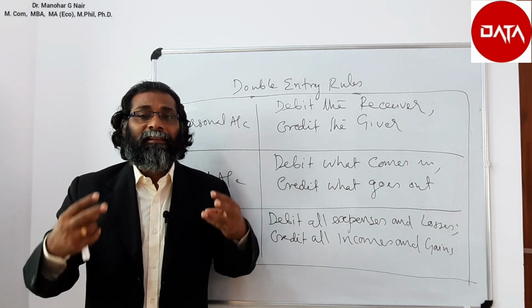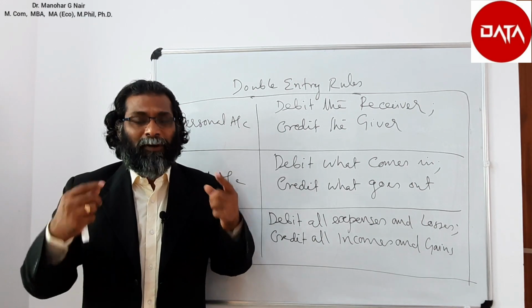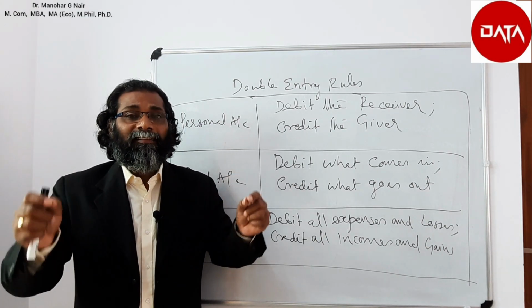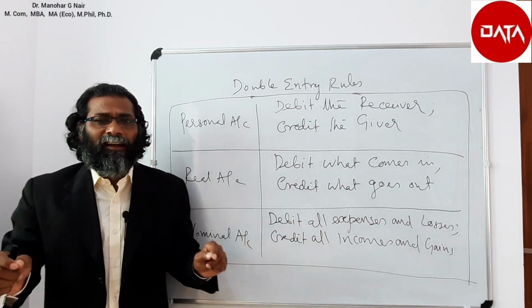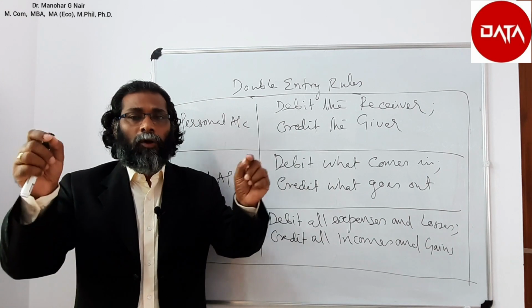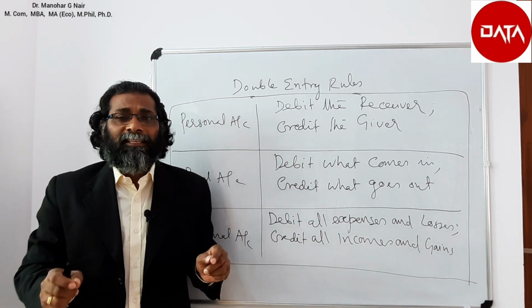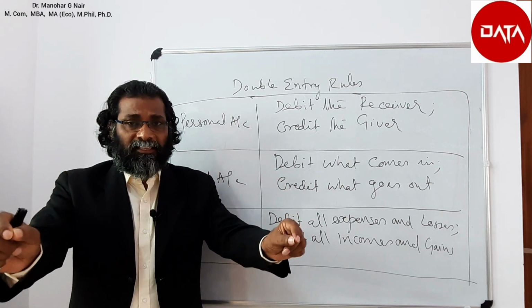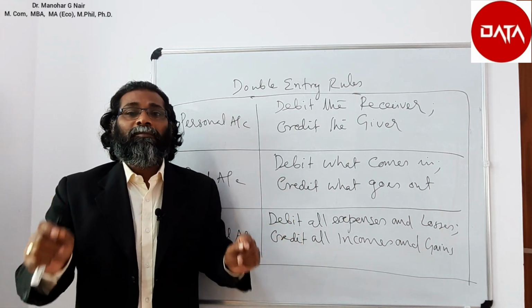Let me repeat that once again. For personal account, debit the receiver and credit the giver. For real account, debit what comes in and credit what goes out. And the third one is nominal account, debit all expenses and losses and credit all incomes and gains.